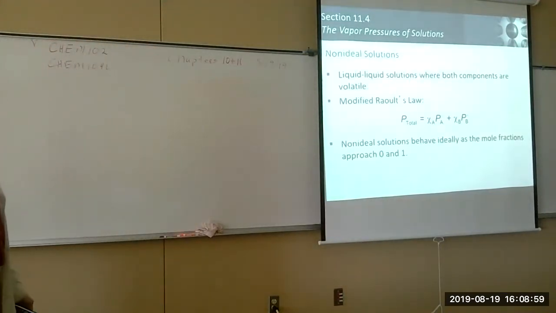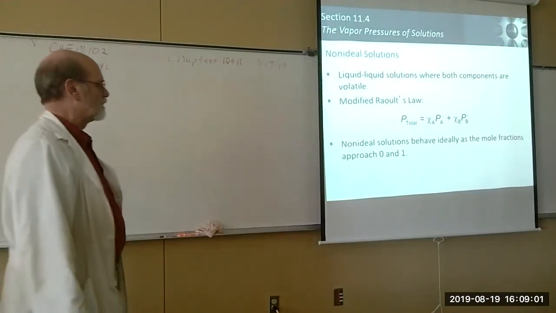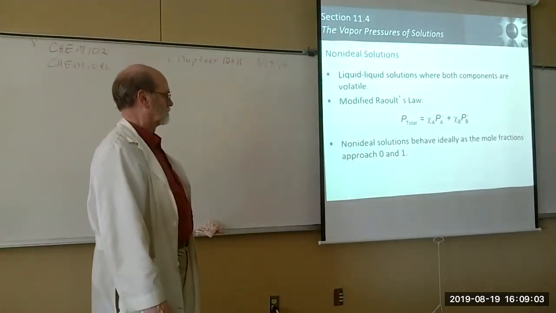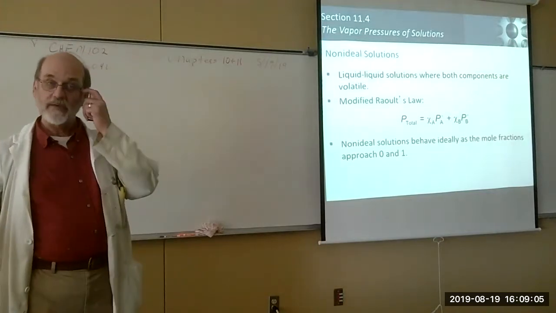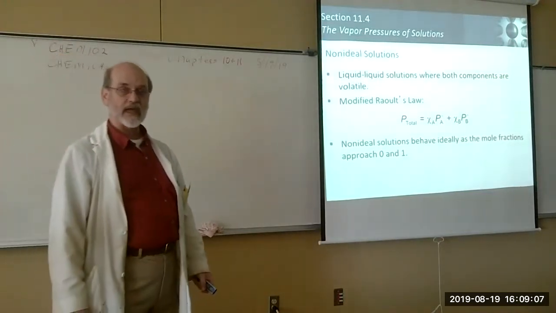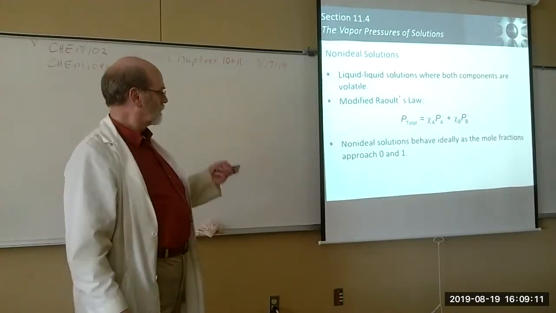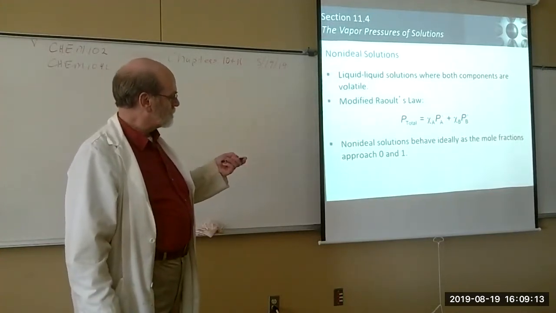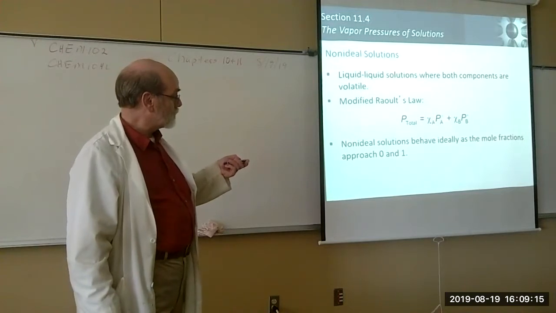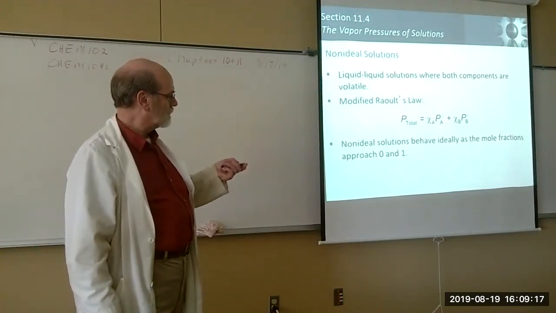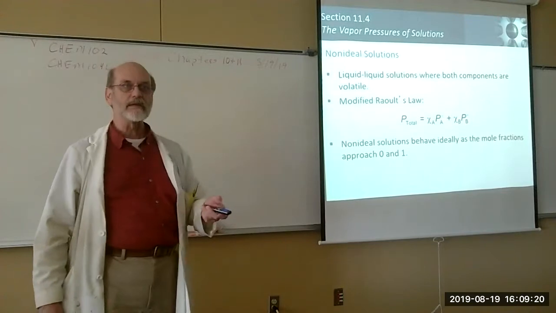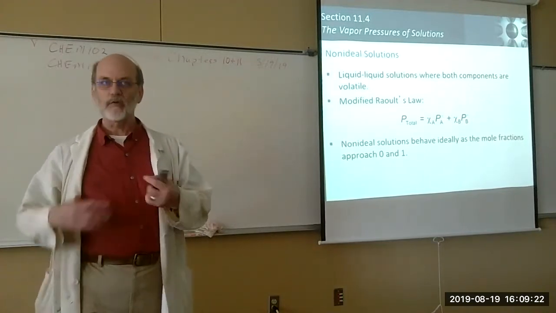Okay? What happens if you have two volatiles together? Well, we have to modify Raoult's law to take into account the volatility of each. So if you have the vapor pressure of the pure A and the vapor pressure of the pure B, then all you need is the mole fraction of each.